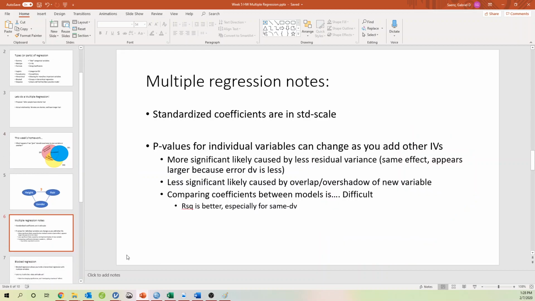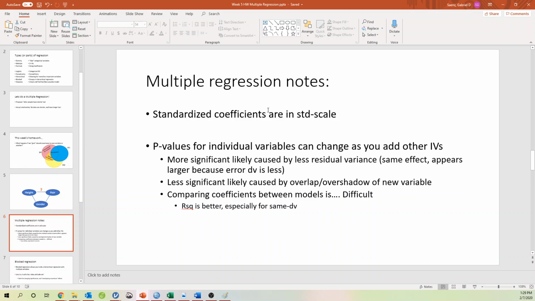Let's see, what do we have on this slide? Standardized coefficients are on an STD scale. We already talked about that. P-values for individual variables can and will change as you add in other independent variables. So we just saw that in this multiple regression with hair, gender, and height. Whenever you add a variable to a regression, the coefficients are going to change, and they can change pretty erratically.